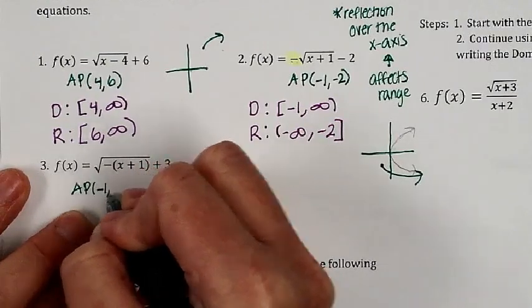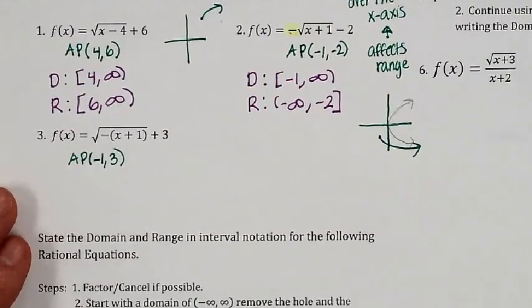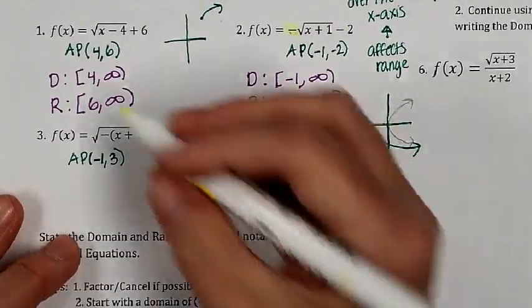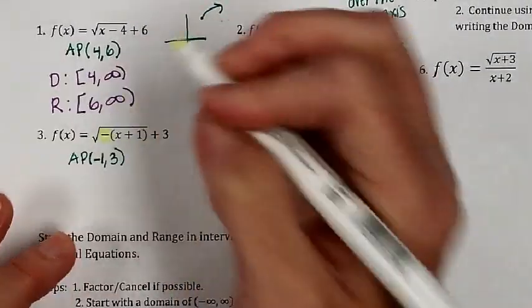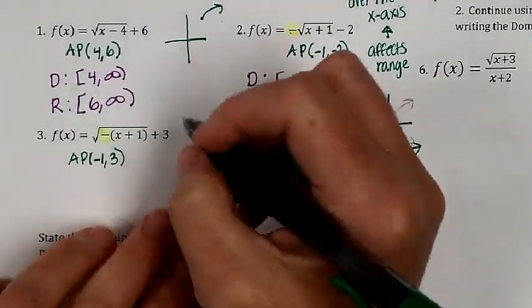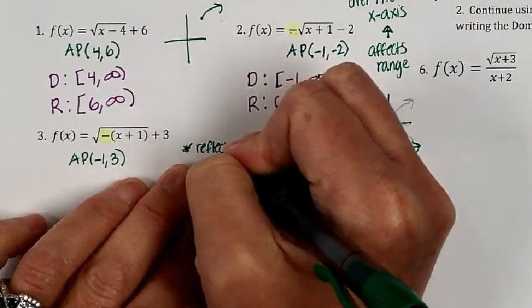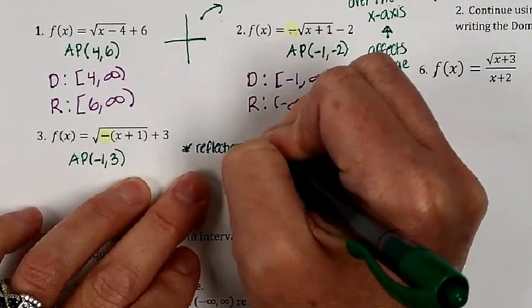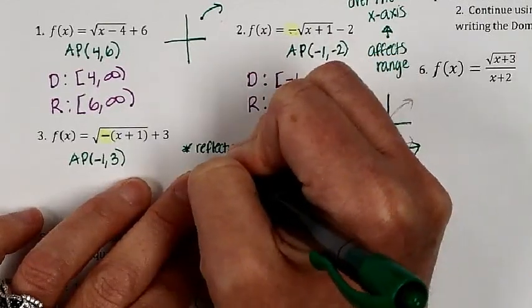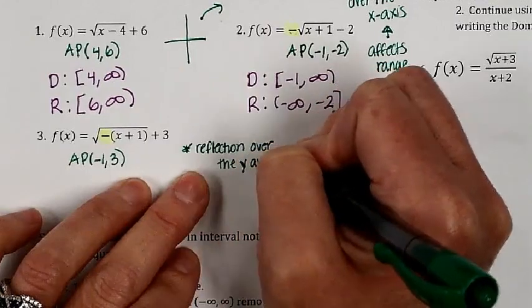This time it is on the inside, or underneath the radical. So this is a reflection over the y-axis, which affects your domain.